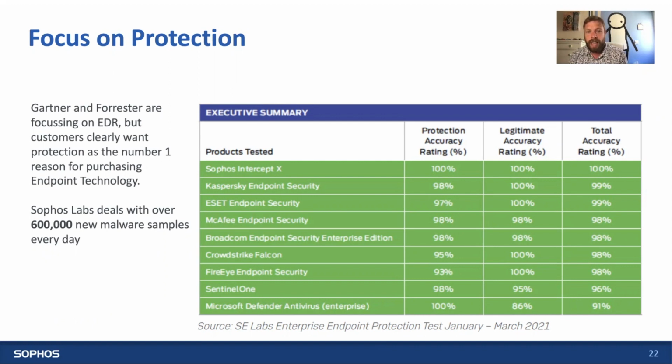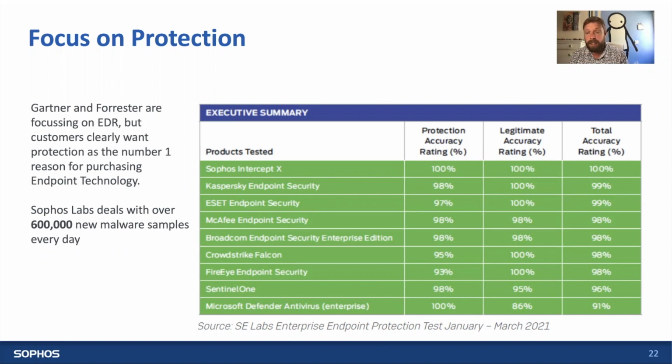So take a look at this report from SE Labs, and you'll see that we offered 100% protection and 100% accuracy in their report. And this is, like I said, the primary driver as to why customers purchase and consume our products. So whilst Gartner and Forrester also look at things like the EDR capabilities and the searching and all that kind of stuff, when you're looking at straight protection, then this is really where we win out.